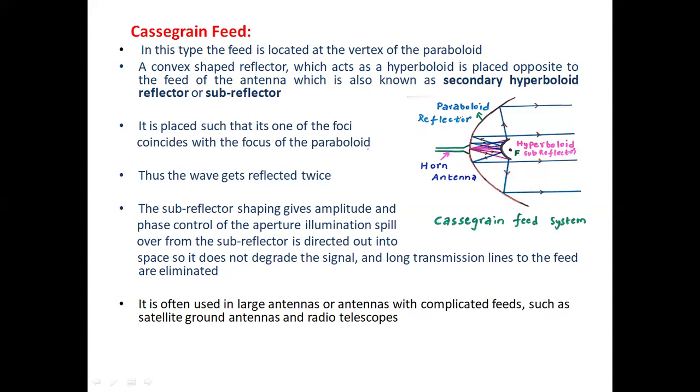So here what will happen? First, from this horn antenna, the radiation will be focused. The radio waves come in this direction. First they fall on the subreflector surface. It acts just like a mirror. What it does is it again reflects the rays onto this main reflector surface.